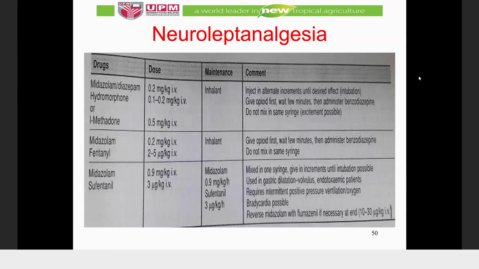These comments are based on the chemistry of the drugs, their chemical formulas. According to that, they are compatible with some drugs and not with others. Because we are not chemists, we will not discuss that. So these are some combinations.